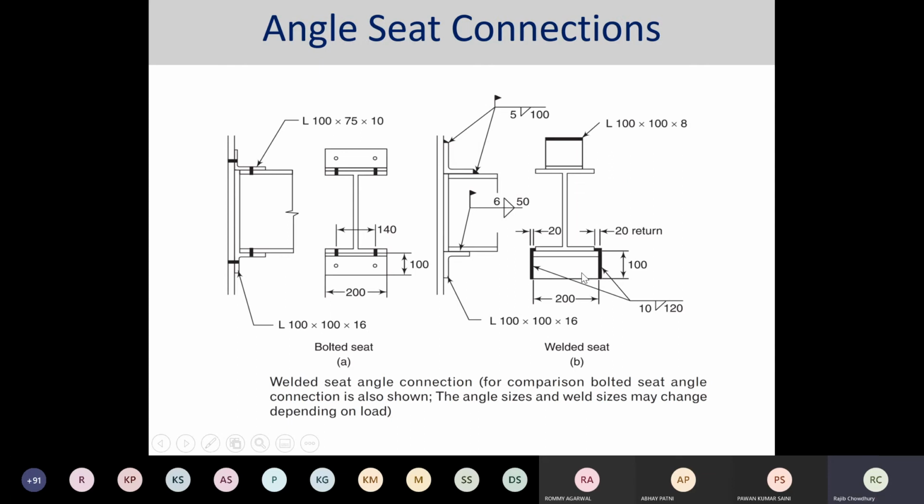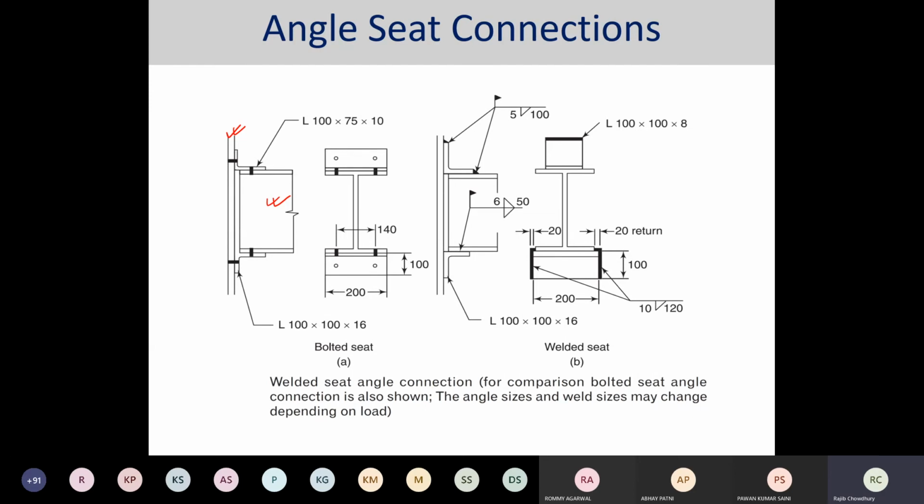So let me just go to the next. Here, this is a typical connection. For example, this is a column, one of the column members, which is to be connected with a beam or which is to support a beam.